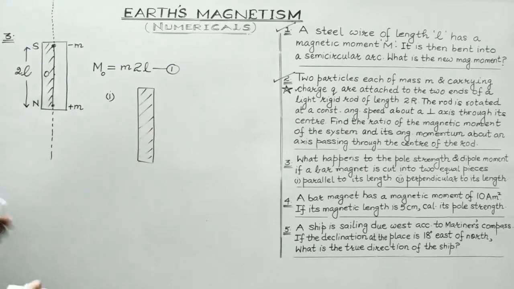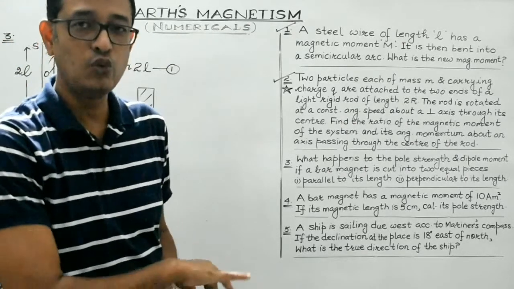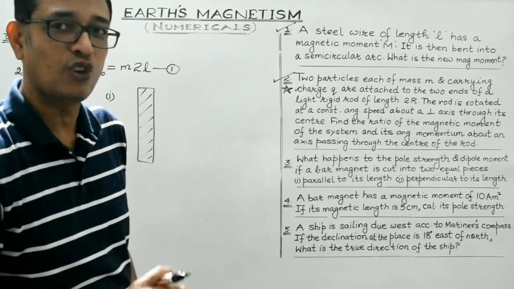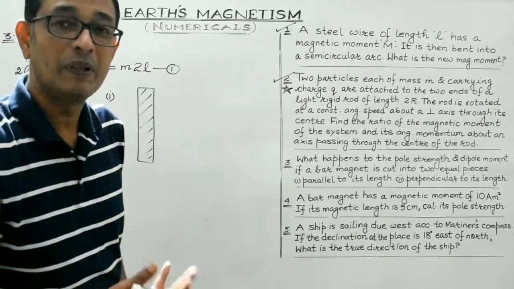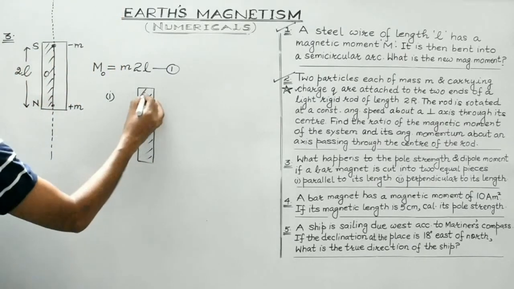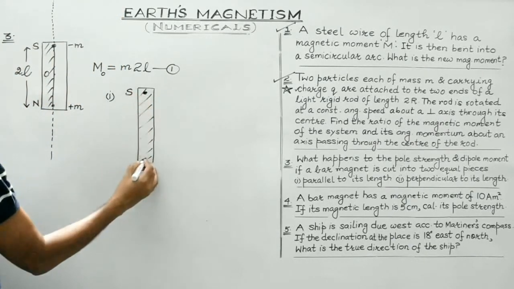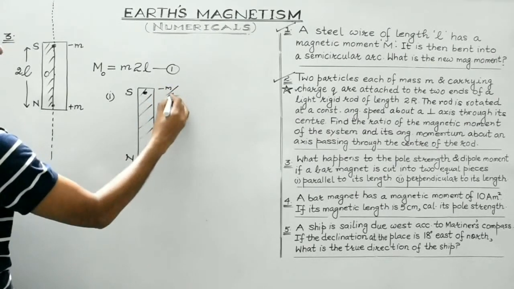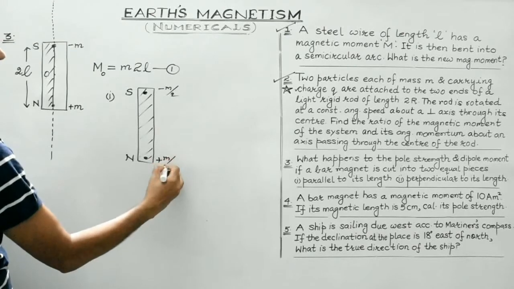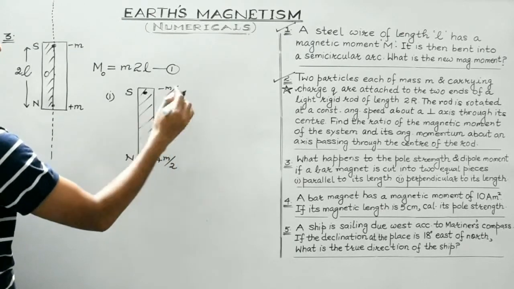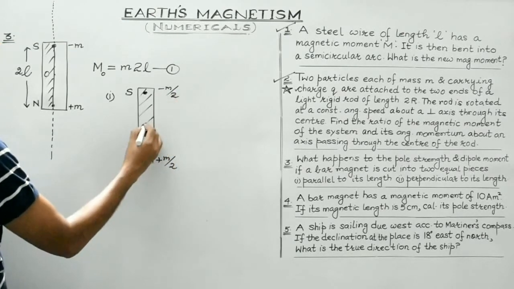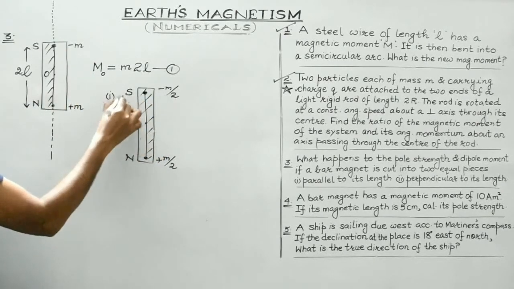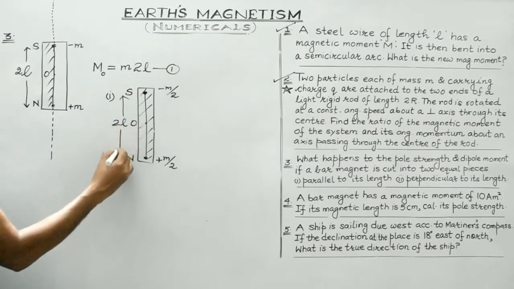So remember, students, whenever the magnet is cut into two equal parts parallel to its length, then the magnetic length remains constant, but the pole strength becomes half. So now the pole strength over here will be minus m by 2, and over here it will be plus m by 2. But as you can notice from the diagram, the magnetic length remains the same.